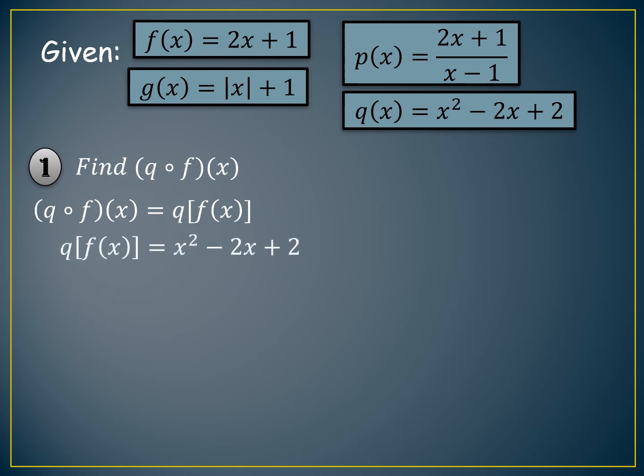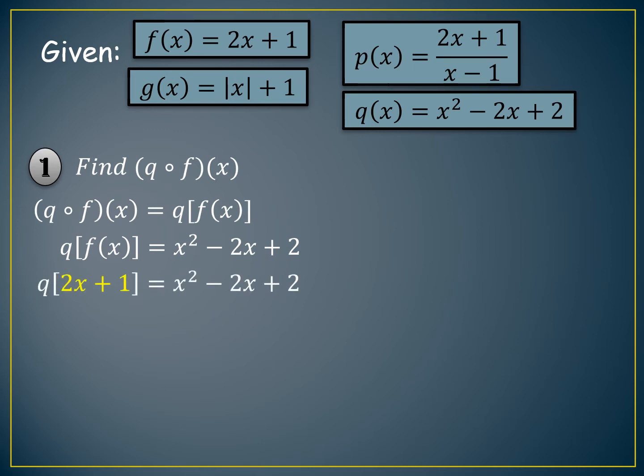Okay. So, q of f of x is equal to x squared minus 2x plus 2. Yan yung equation ni q of x. Then, yung magiging domain natin is si f of x. So, i-change natin into 2x plus 1.